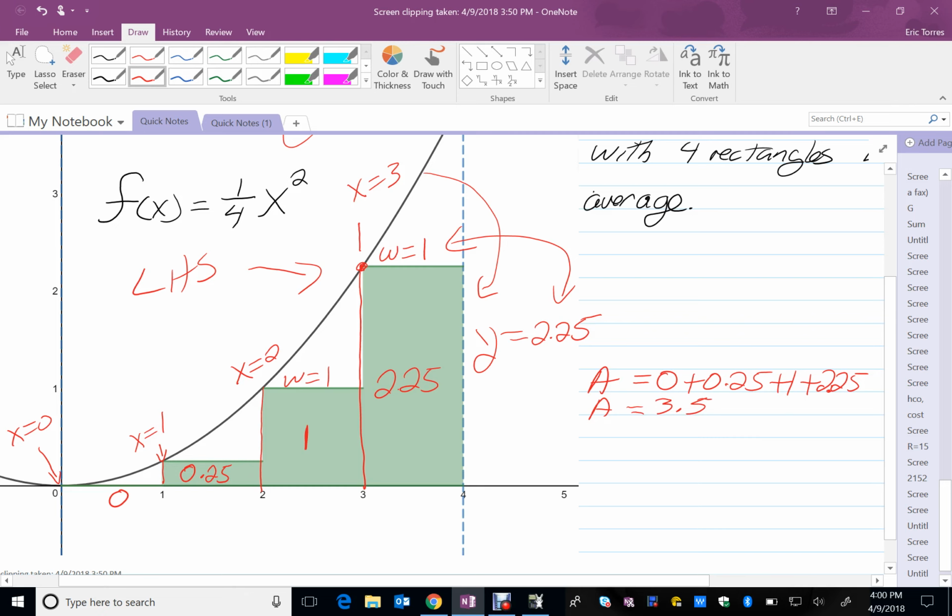Now, when you're looking at these rectangles, it should be obvious that these rectangles are underneath the curve, and the curve would have more area than these 4 rectangles would have. So that's what I'm going to handle next, is the right-hand sum.